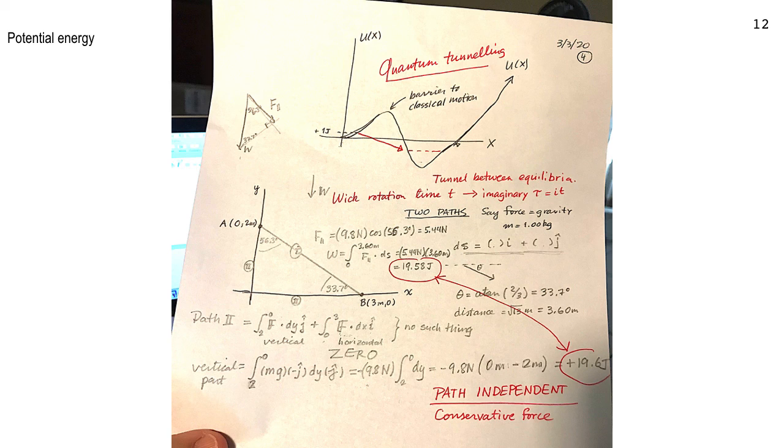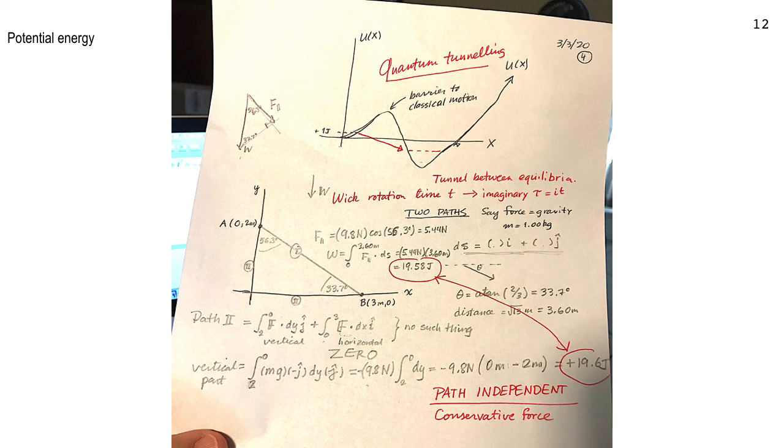Let's do this. 33.7 degrees. Now, this distance here is 3 squared plus 2 squared. That's 13, square root of 13.